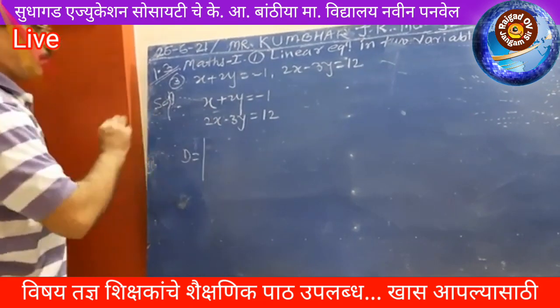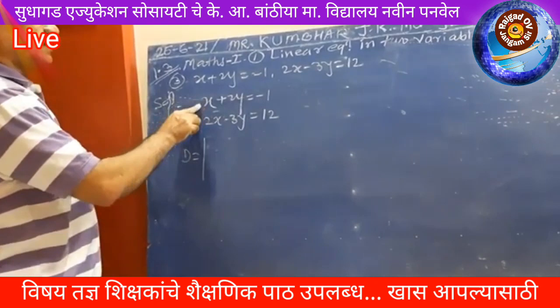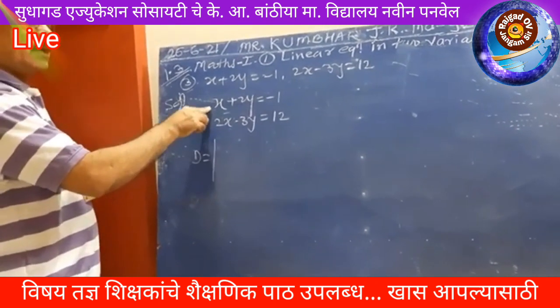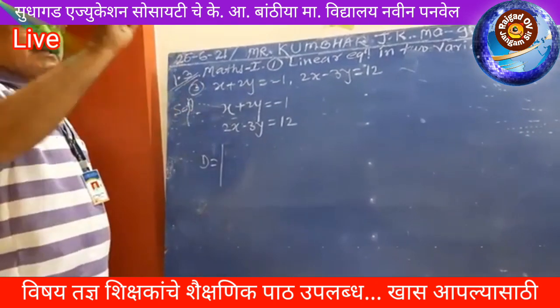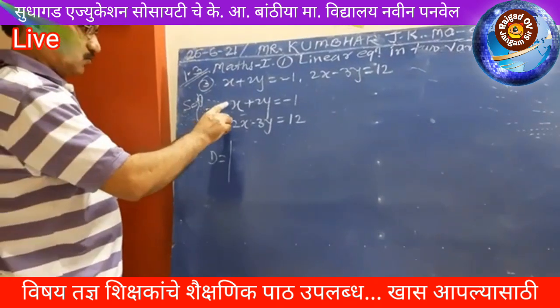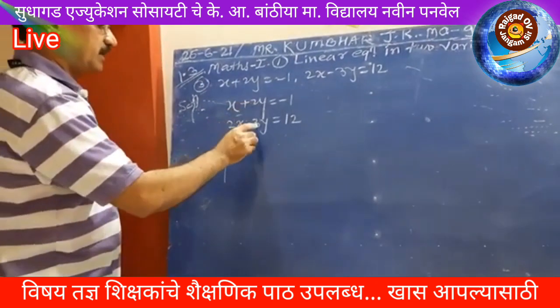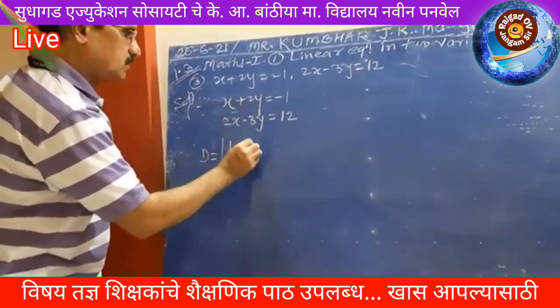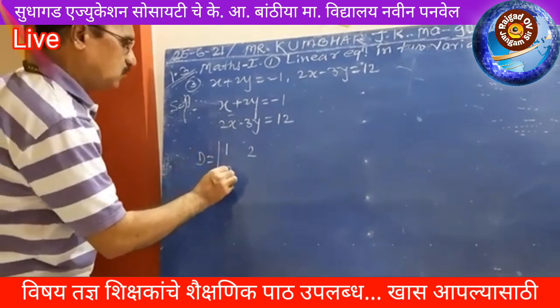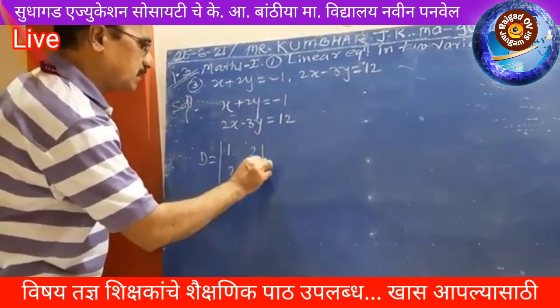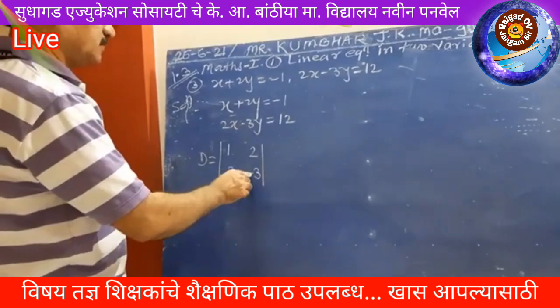D is equal to, here there is no coefficient of x, and you know if there is no coefficient it should be 1, means 1, 2 and 2, minus 3. Write coefficients with sign.